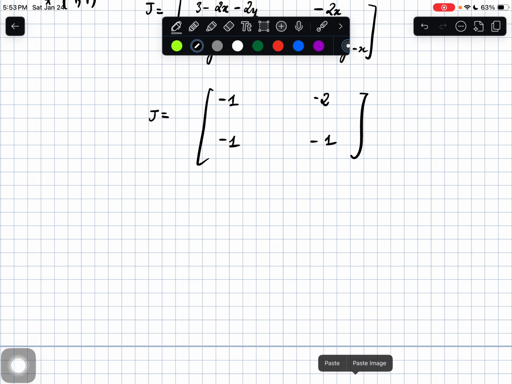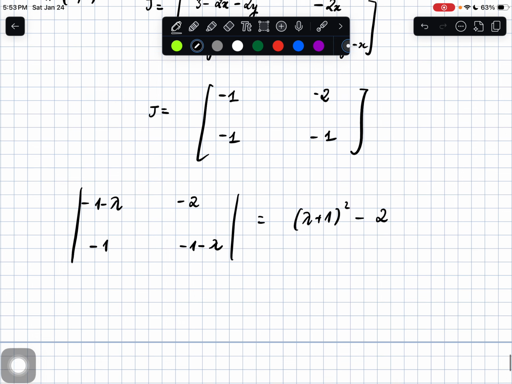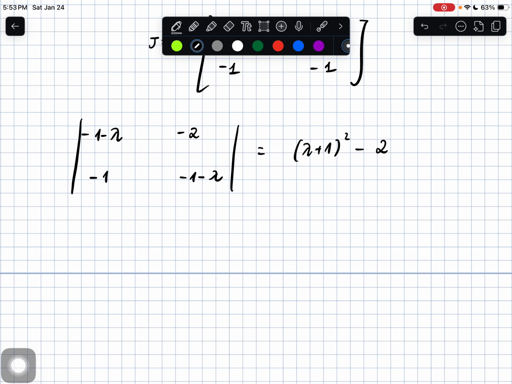So we have minus 1 minus lambda, minus 2, minus 1, minus 1 minus lambda. Lambda plus 1 squared minus 2 equals 0. Lambda plus 1 equals plus or minus root 2. So we have lambda equals minus 1 plus or minus root 2.